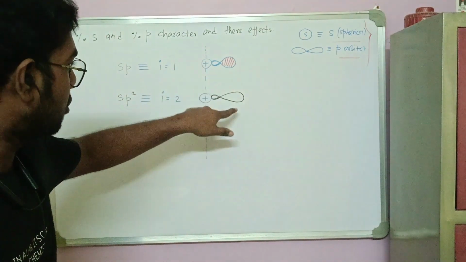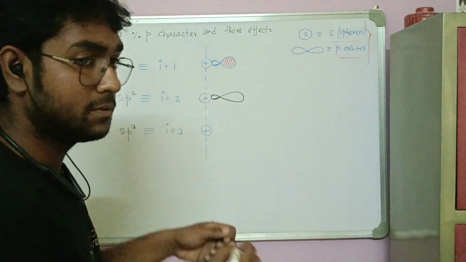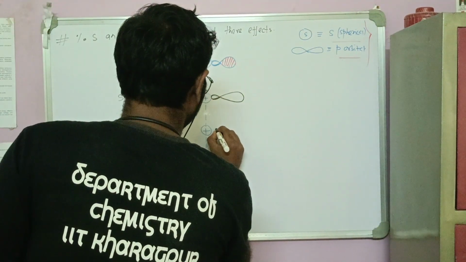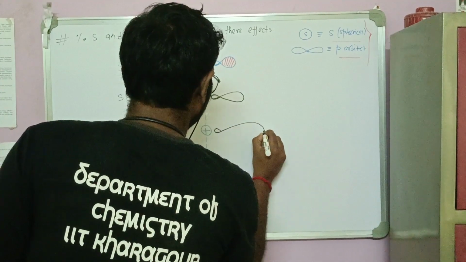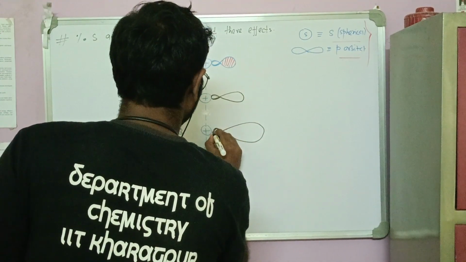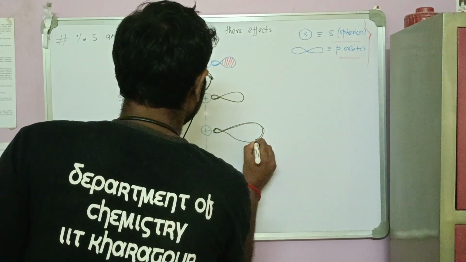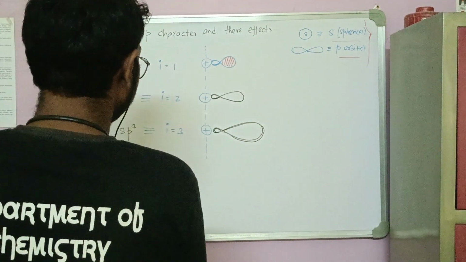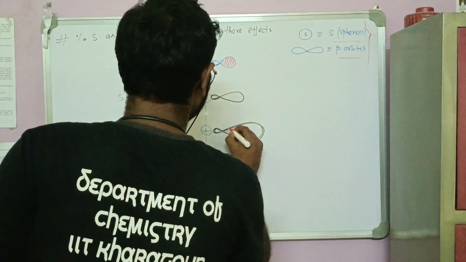You can compare sp and sp2: the lobes are more elongated for sp2. And last, for sp3, you all know that the lobes will be a lot more elongated, because the percentage of s is decreasing and p is increasing. So this is sp3, right? So this is elongated.